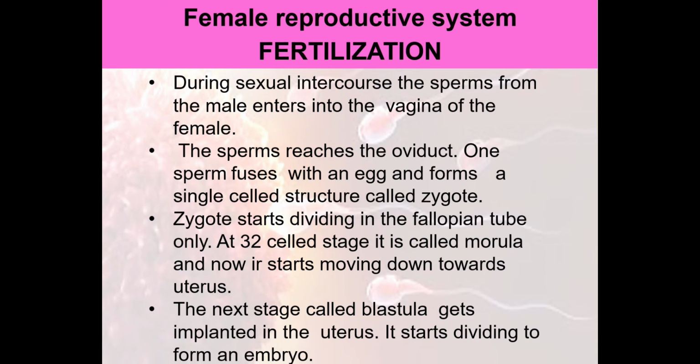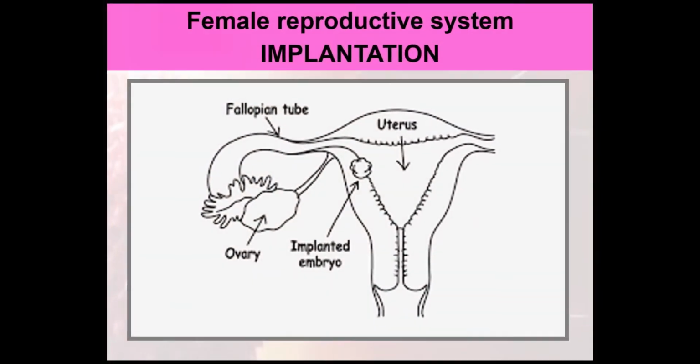From this single-cell zygote, the complete body of the baby is going to be formed, which has trillions and trillions of cells. This zygote starts dividing within the fallopian tube.